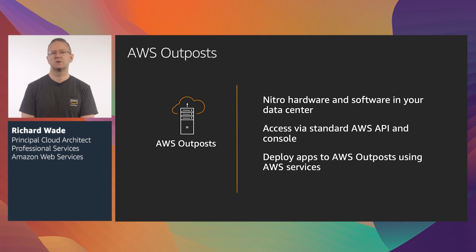AWS Outposts run the same Nitro hardware that you run in your AWS region-based EC2 instances, such as the C5N, and can be linked to your AWS account in regions across the US, Europe, Southeast Asia, and ANZ. AWS services are deployed to the Outpost using the same AWS console and APIs that you use today with standard AWS regions.